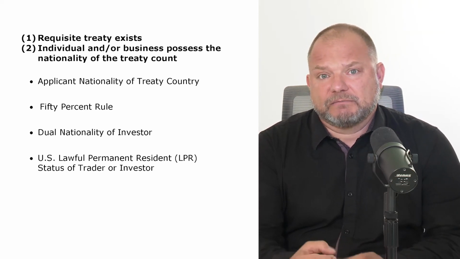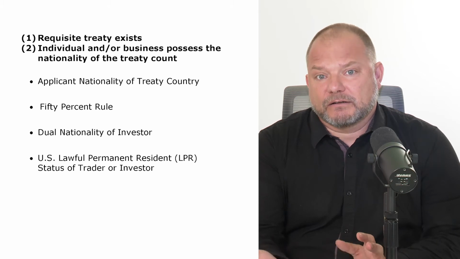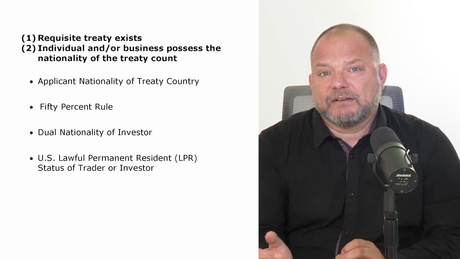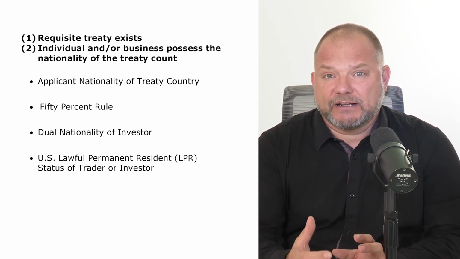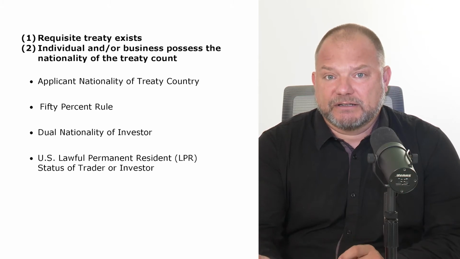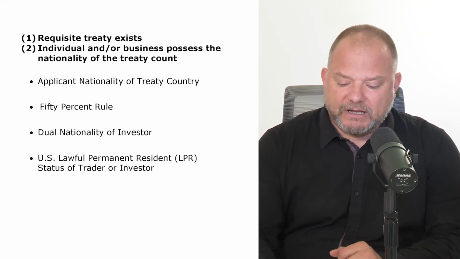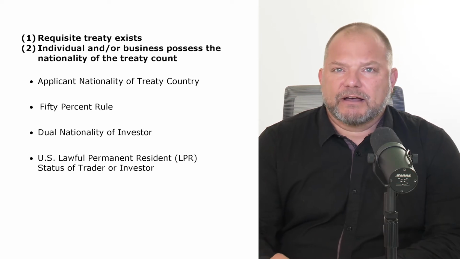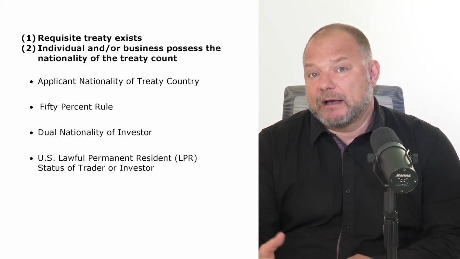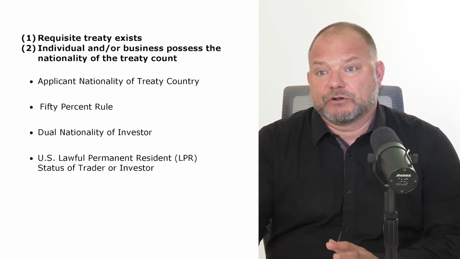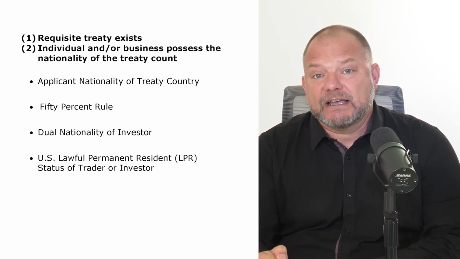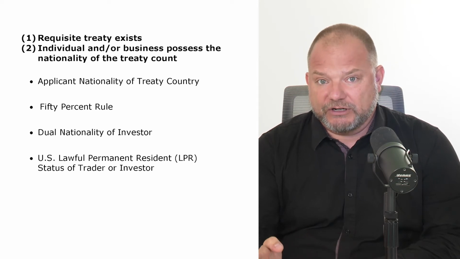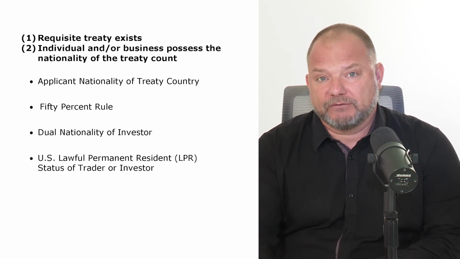That means that in a business where, let's say, there are multiple owners, at least 50% of the owners of that business that applies for the visa have to have the nationality of the country the applicant is coming from. If you have dual nationality, for example, you're German and Italian or Brazilian, you have to really decide what nationality you are applying for.